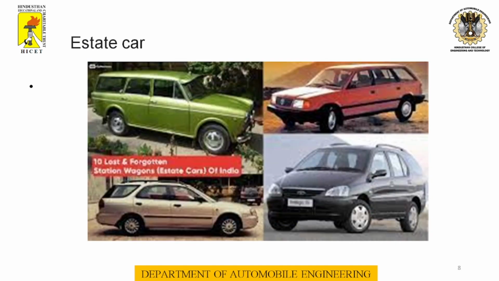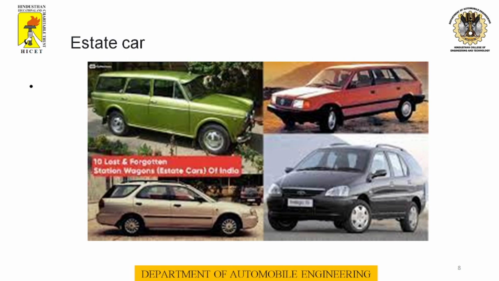Next, estate type vehicle or car. The luggage compartment is the continuation of the passenger compartment without a partition between them. Thus, more luggage space can be occupied, and a longer wheelbase is the speciality of the model.